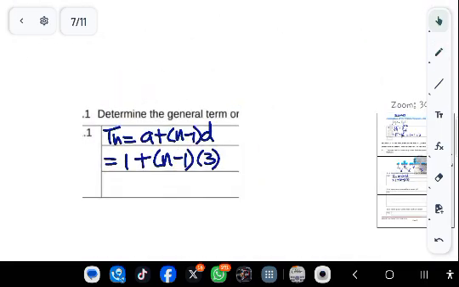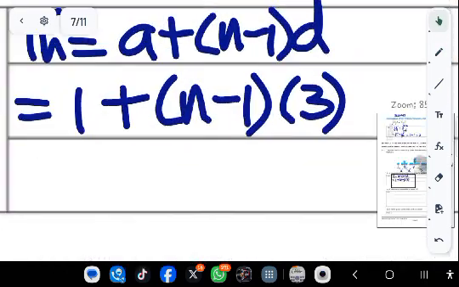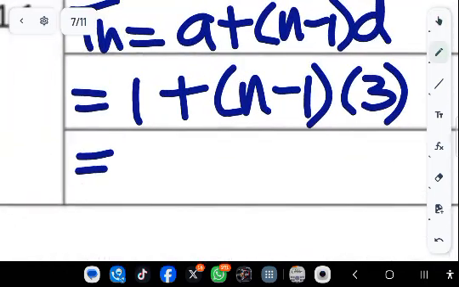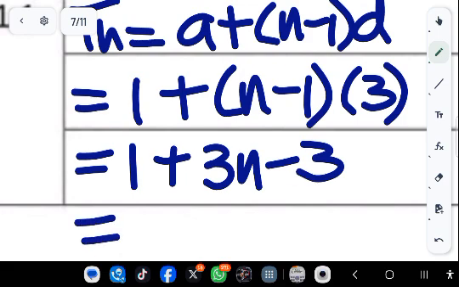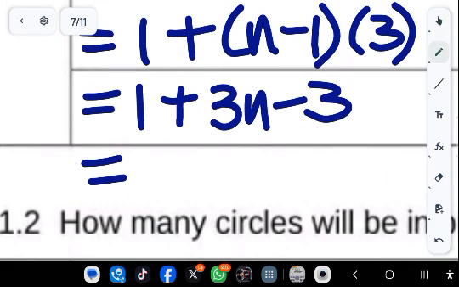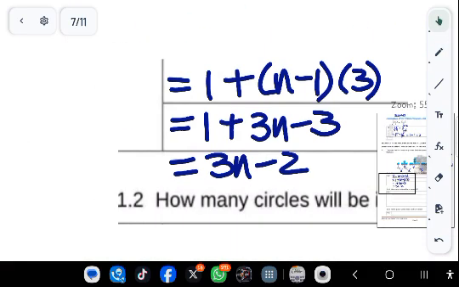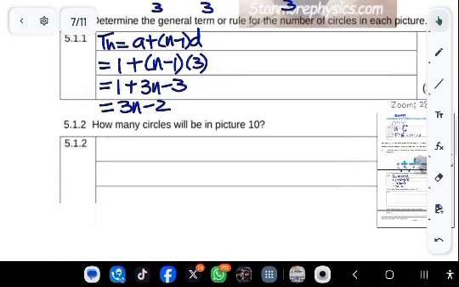Now let's multiply this out. So that will be 1 plus n times 3, that is 3n. Then negative 1 times 3, that is minus 3. And that is equal to 3n. 1 minus 3, that is negative 2. So that is 3n minus 2. That is the general term.